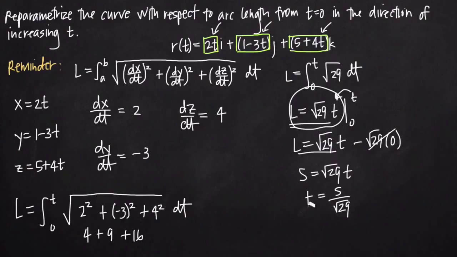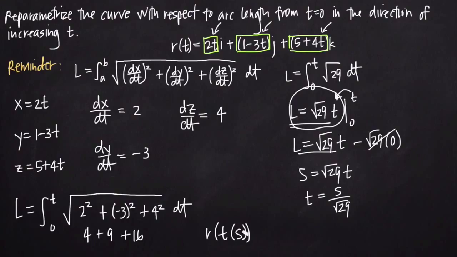We have a value now for t in terms of s, so we've reparametrized the curve. When we substitute s over root 29 in for t, now we'll have a vector function in terms of s instead of in terms of t. So writing our final answer, here's what we're going to get. We're going to get r of t of s, and the reason we write it like that is because here we have a value for t in terms of s, right?